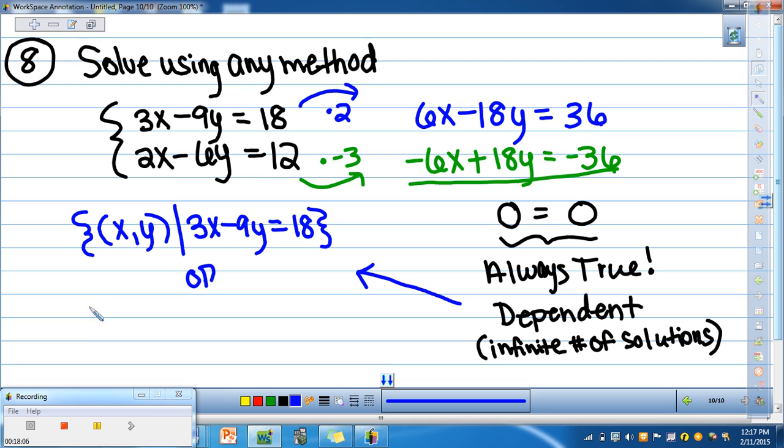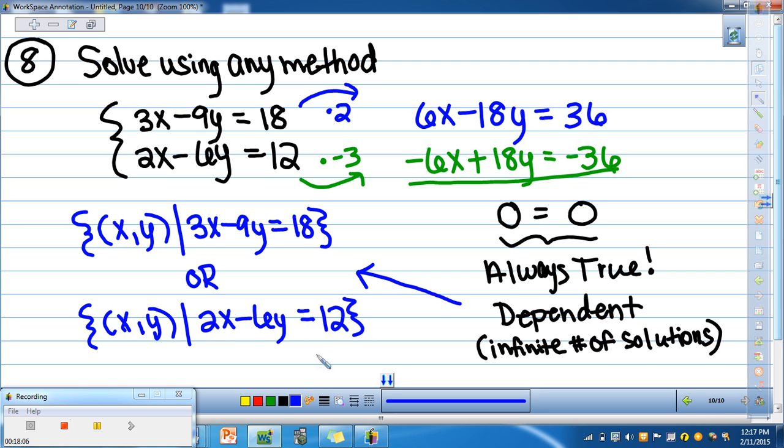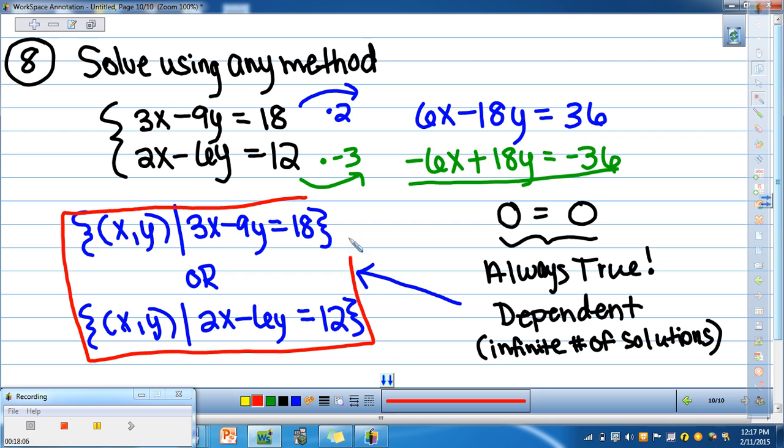Or equivalently, using the second equation, we'll say all values of x and y such that 2x minus 6y equals 12. So this over here is actually how we're going to represent our answer if we end up with a dependent system.